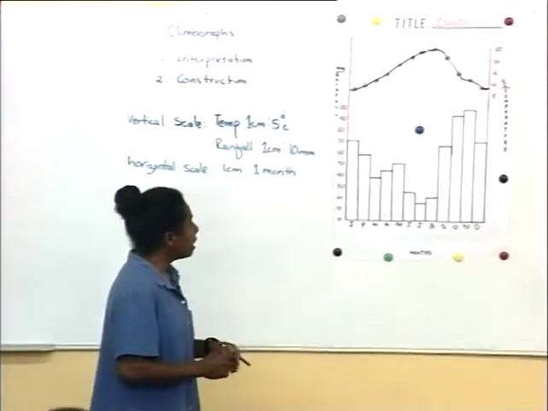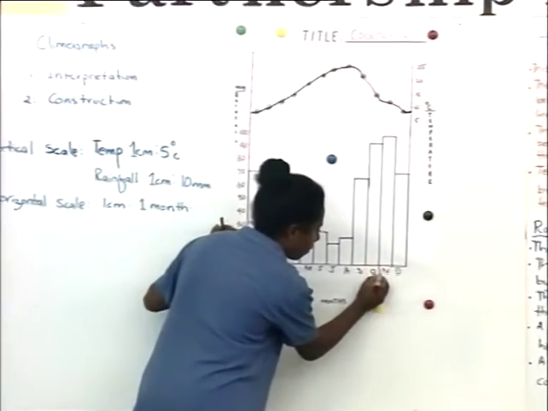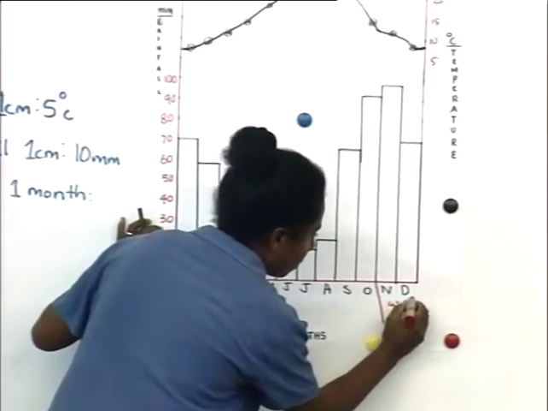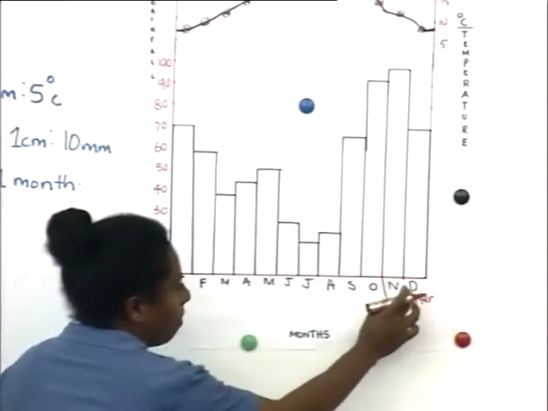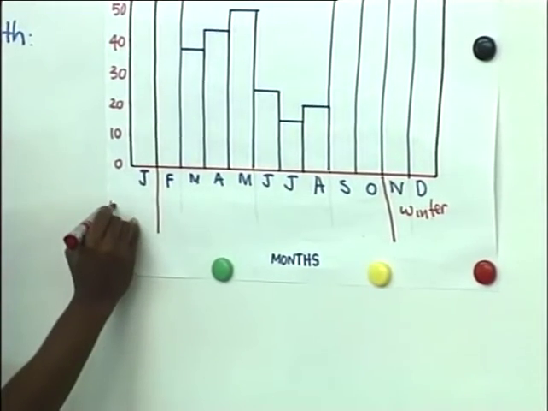November, December, and January. Okay, so here we might put a line through here. So we go winter, and that is November, December, and January. So this is the winter season.